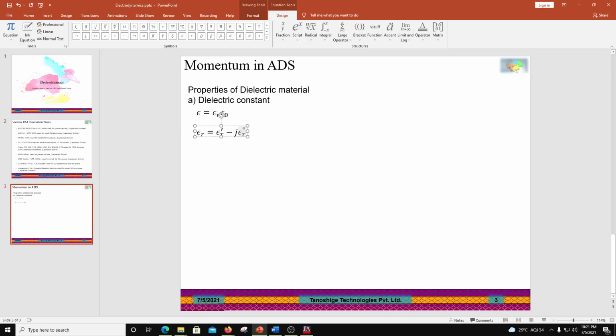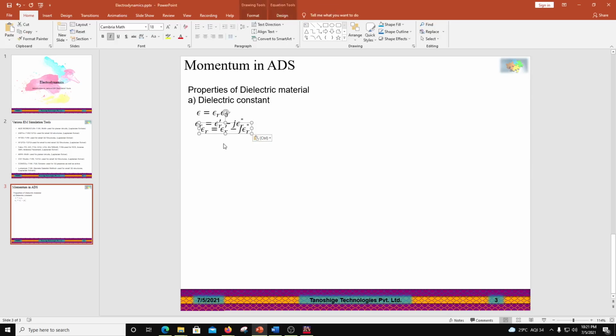Okay, so now whatever you specify as epsilon r dash. I'm going to list an example of some epsilon r dash.